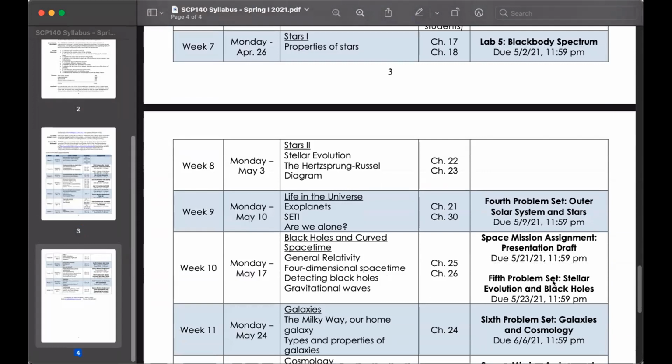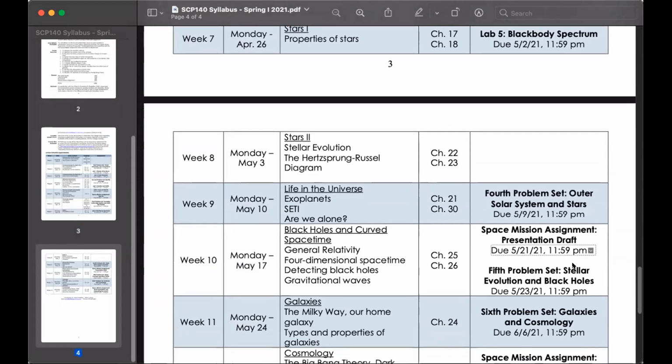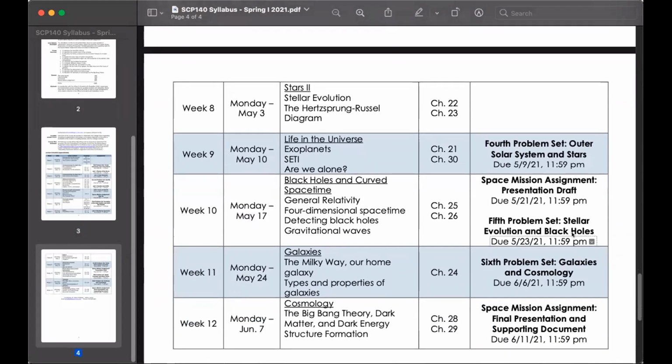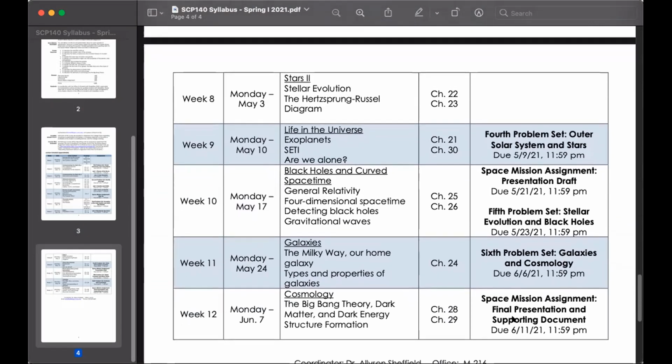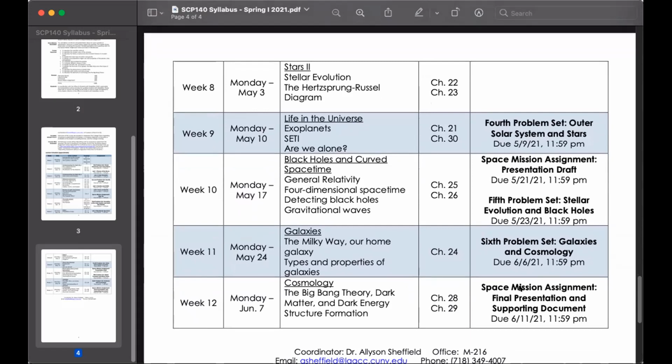So you have just over a month to get your presentation drafts in. You'll get some feedback on it. And then during week 12, that's when you're going to be giving your presentations. Something's wrong with this due date though. This should be due on 6/6. That way on 6/7, everybody's presenting. Okay, so that's going to be that.